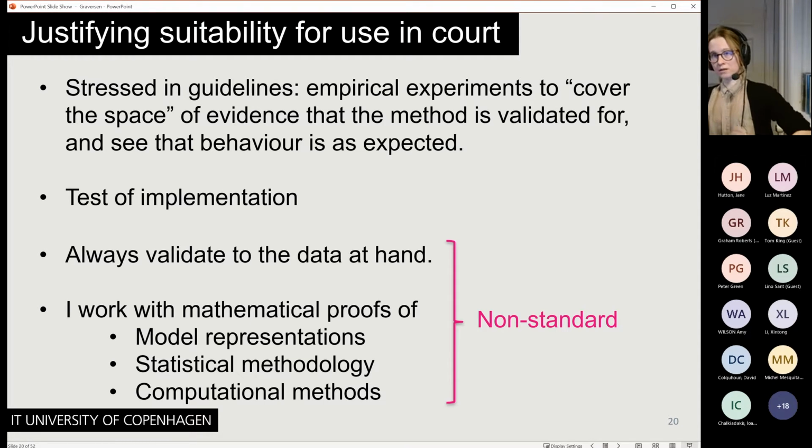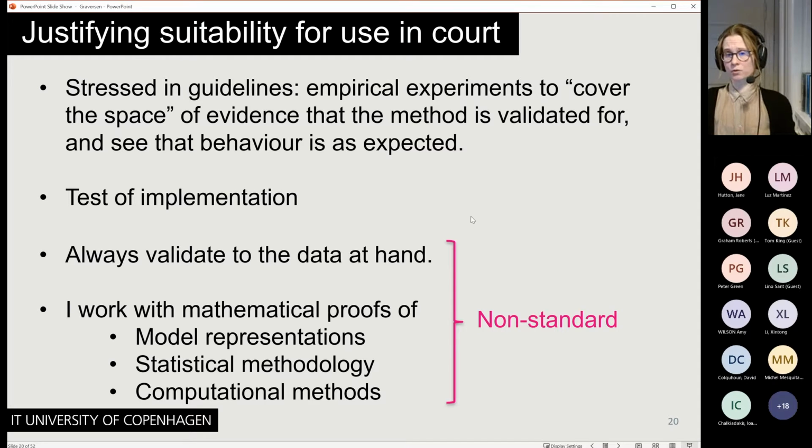All of these guidelines definitely say we should have a bulk of empirical experiments that, let me summarize it as, cover the space of evidence, so that we decide that this method is validated for mixtures within this range.